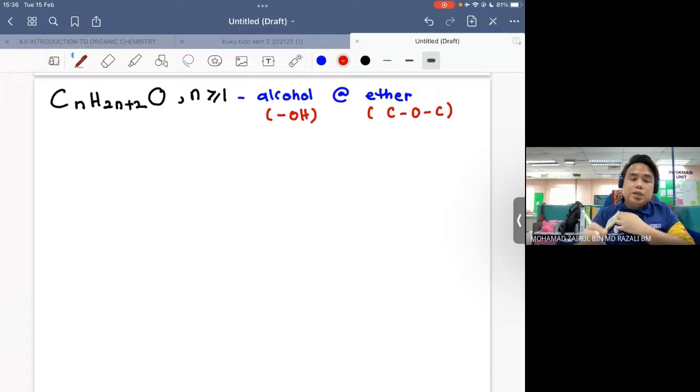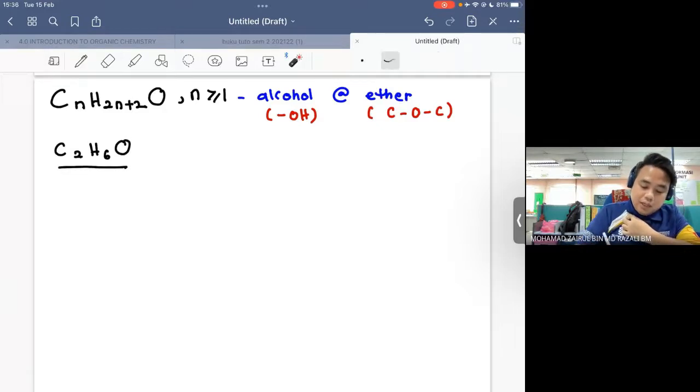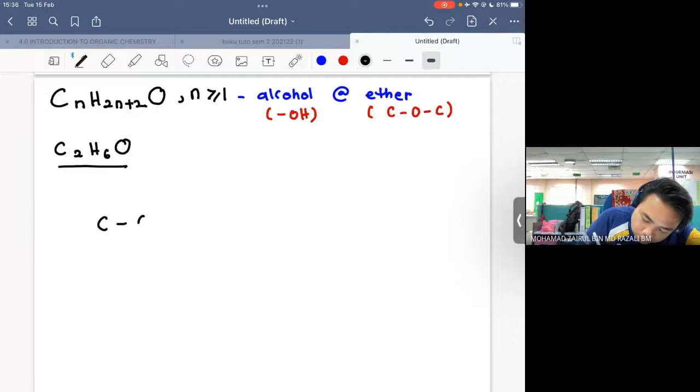Okay, so kita try draw yang ada molecular formula of C2H6O. Kalau awak tengok, molecular formula ni satisfy general formula, sebab carbon 2 times 2 is 4, plus 2 is 6. Macam tu je. So kalau saya draw, 1, 2, kita ada OH, kita try draw yang alcohol dulu.